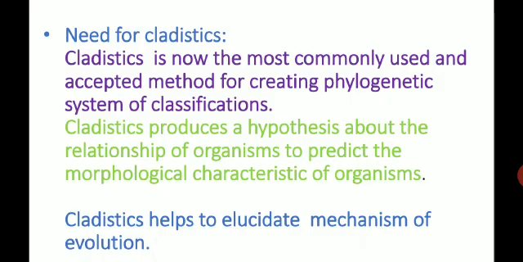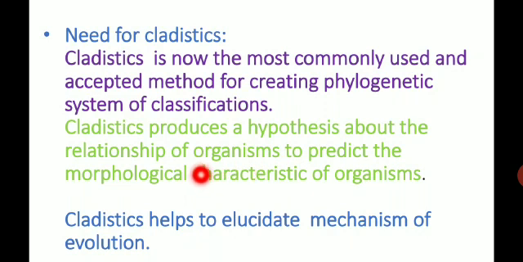Then next topic, need for cladistics. Cladistics is now the most commonly used and accepted method for creating a phylogenetic system of classification. Second one, cladistics produces a hypothesis about the relationship of organisms to predict the morphological characters of organisms.